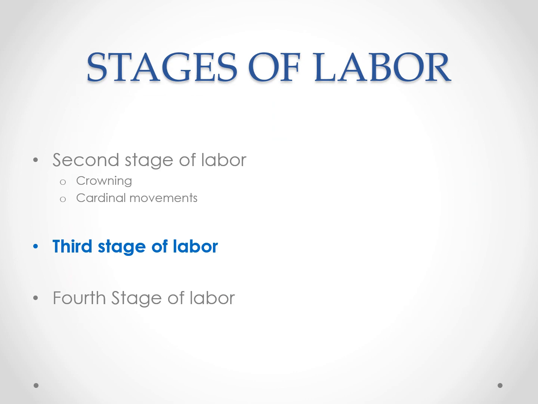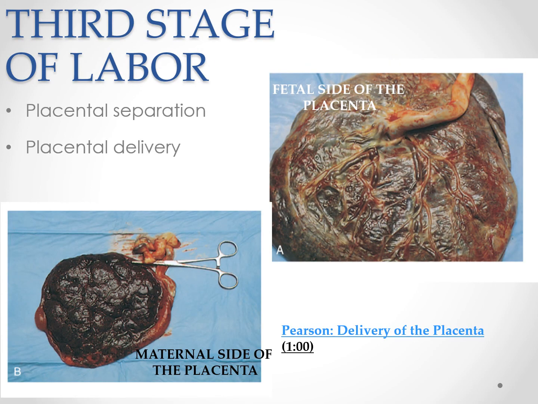So now we move on to the third stage of labor, and the third stage of labor is the delivery of the placenta. The placenta can be delivered very quickly, in 1 or 2 contractions or pushes, or it can take up to 30 minutes and still be considered normal.